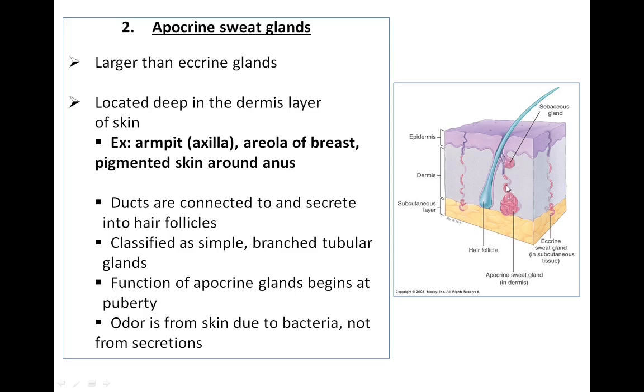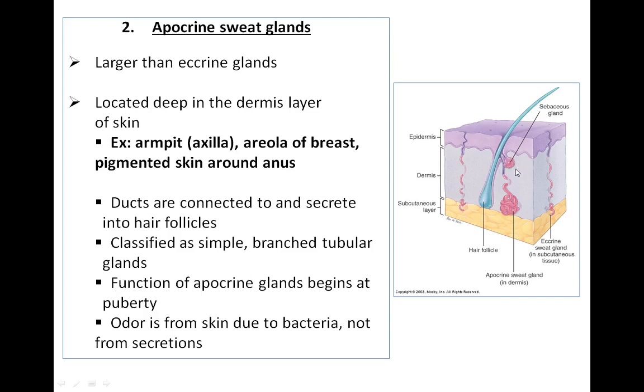Here, the apocrine type of sweat gland also pours into the hair follicle, and the sebaceous gland also pours its secretion into the hair follicle. Then they reach the surface through the hair follicle. Now, if this duct gets blocked, then what will happen ultimately?